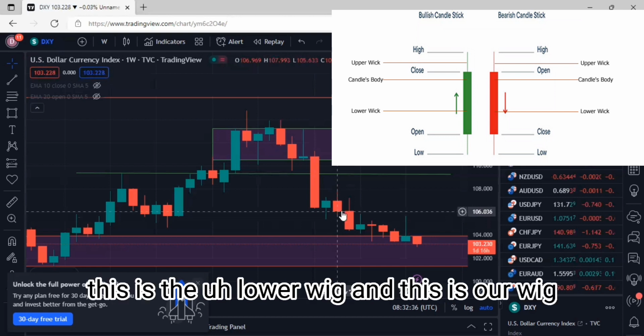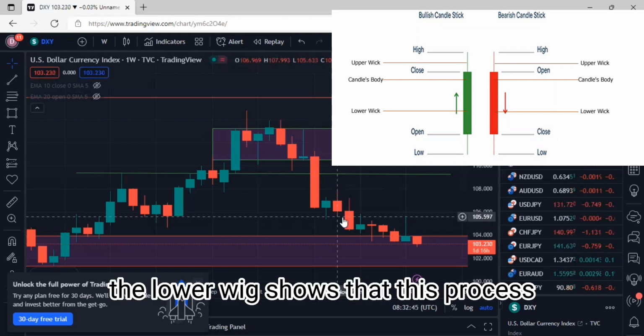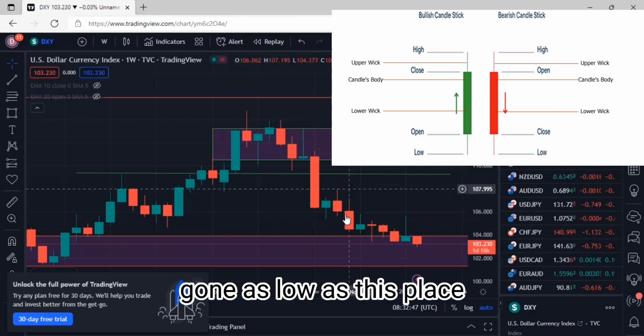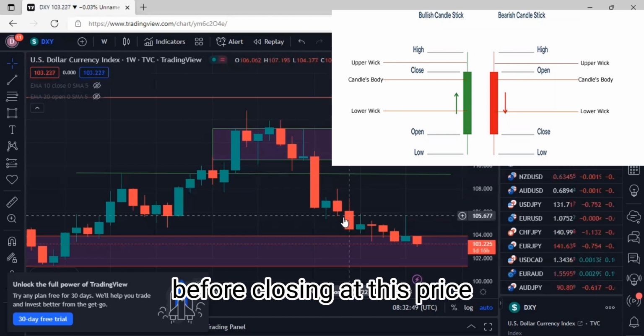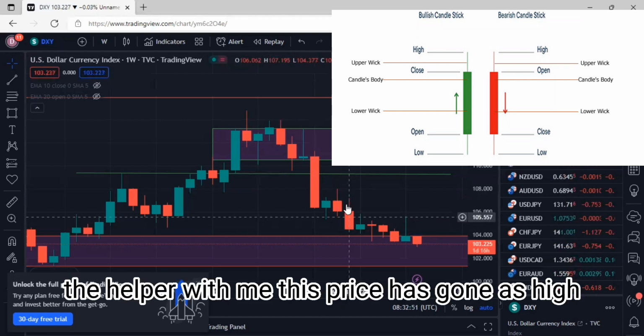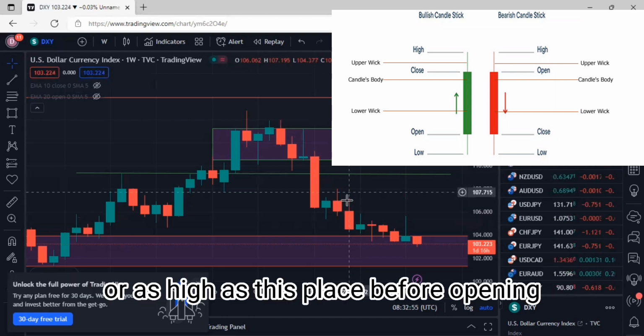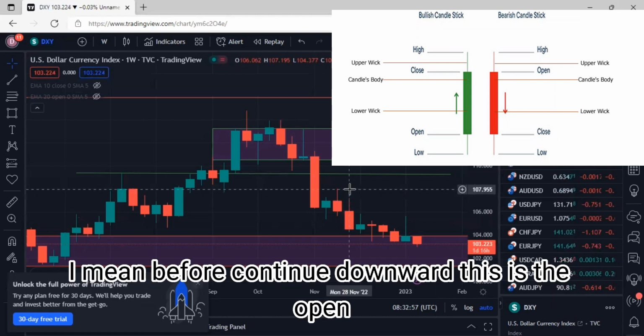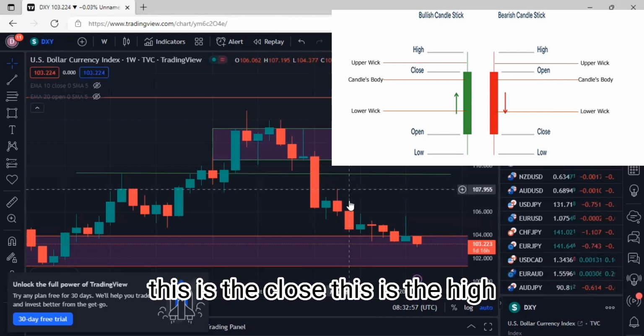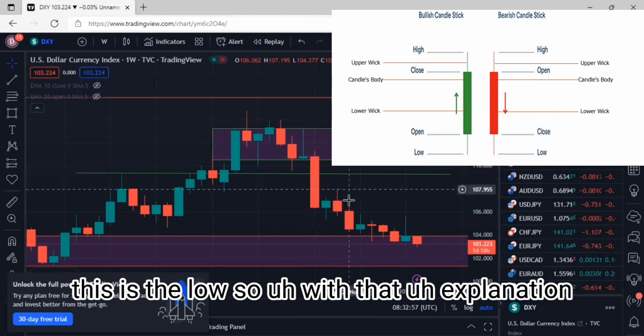This is the lower wick, and this is the upper wick. The lower wick shows that the price has gone as low as this place before closing at this price. The upper wick means the price has gone as high as this place before continuing downward. This is the open, this is the close, this is the high, this is the low.